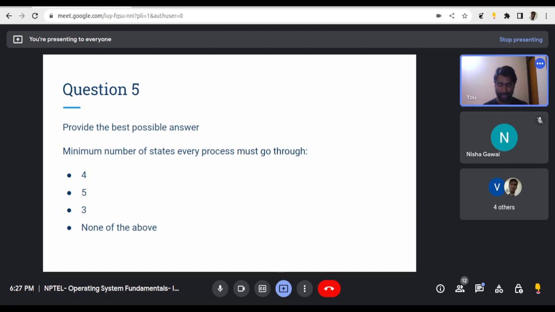And then what happens is that if it requires input output, it will go to the waiting state. After the IO completion, it will go back to the ready state and wait again for the CPU time, and once it gets the CPU time, it goes to the running state again.